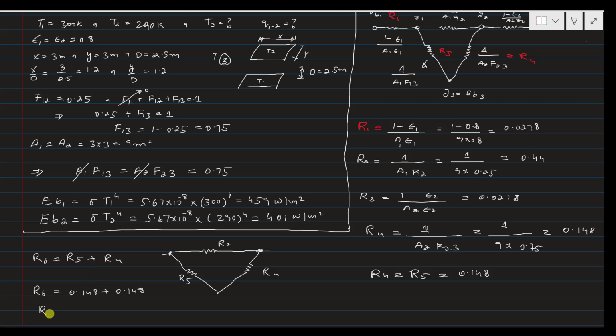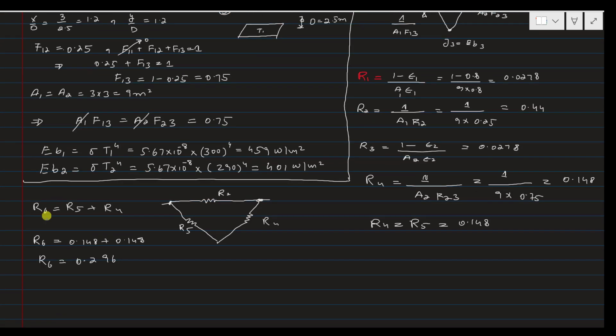So you will get the R6 value, that is 0.296. This is the equivalent of the R5 and R4 resistances that are in series. Now the resistances R2 and R6 are in parallel with each other. So its equivalent resistance is, let's say, R7.